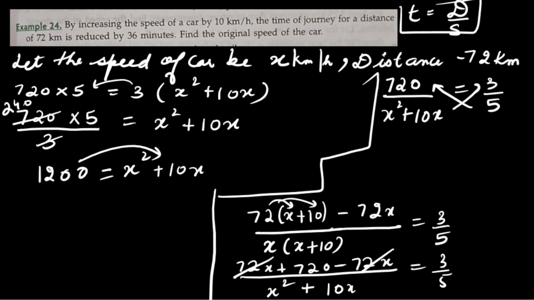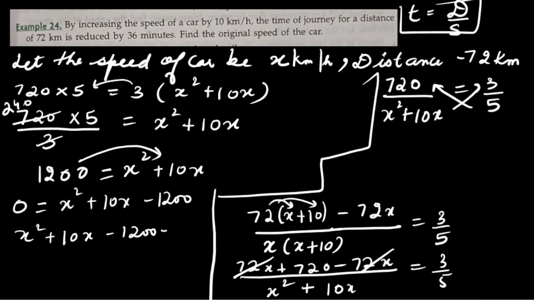Now let's shift this also to this side, so here it will be 0. So x square plus 10x minus 1200 is equal to 0.